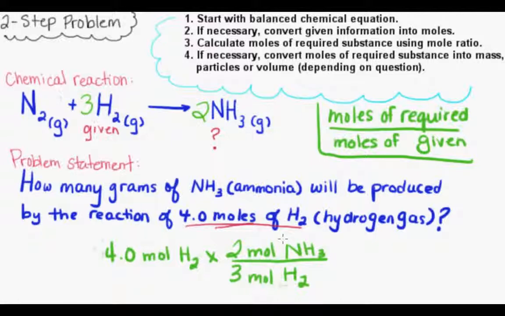And the reason why we do it this way is now we can cancel out the moles of the given substance. So moles of hydrogen gas get canceled out. We can run this calculation, so 4.0 times 2 over 3, and the number we end up with is 2.7 moles of ammonia, which is our required substance. So now you've completed step 3.